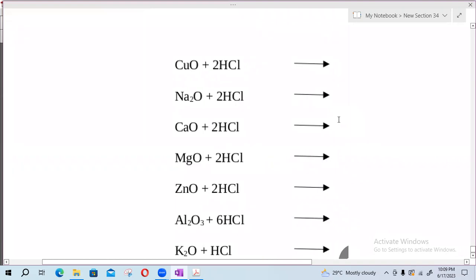Now, in order to complete these equations, this practice is just for our own convenience, that we can write ions and combine the positive and negative components. It will form CuCl2, and H positive with oxide will form water.